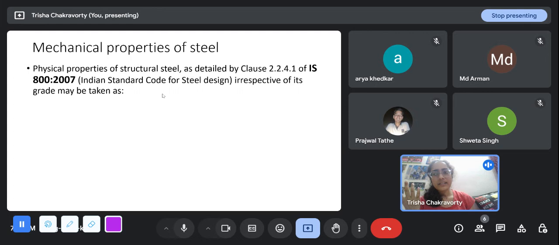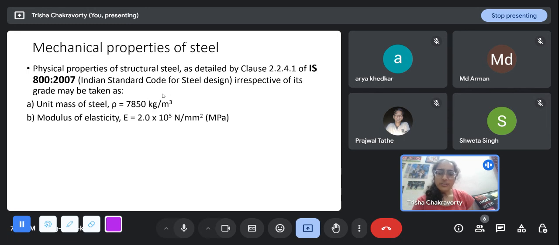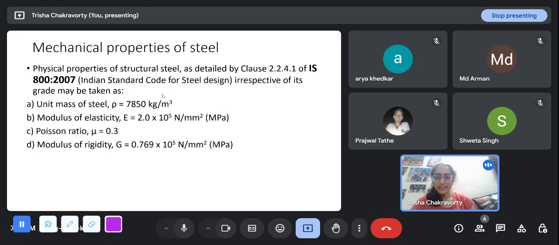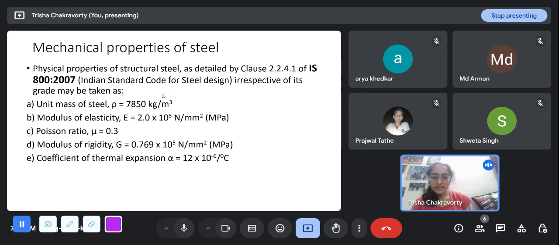We know there are several kinds of steels, Fe 500, Fe 415, etc. But certain properties we can take irrespective of grade: the unit mass or density; the modulus of elasticity, which we also call Young's modulus, denoted by E, is 2 into 10 to the power 5 megapascal, that is 200 gigapascal. The Poisson's ratio mu is 0.3. The modulus of rigidity is this, and the coefficient of thermal expansion alpha is 12 into 10 to the power minus 6 per degree centigrade.